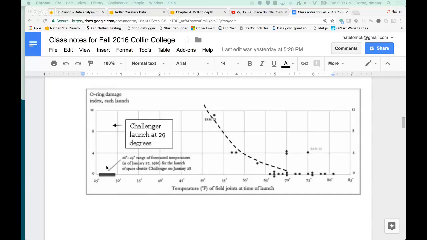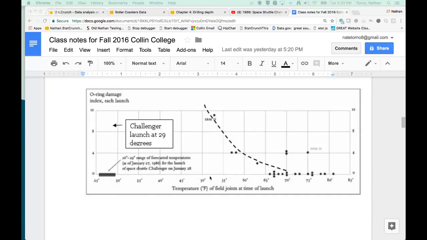Outside of the scope would be if, as NASA, I have data from 52 degrees to 82 degrees, I really should only use that data within that scope. So I can say with relative confidence how many O-ring failures I'm expecting from 55 to 80 degrees. Maybe a little bit below, maybe a little bit above.